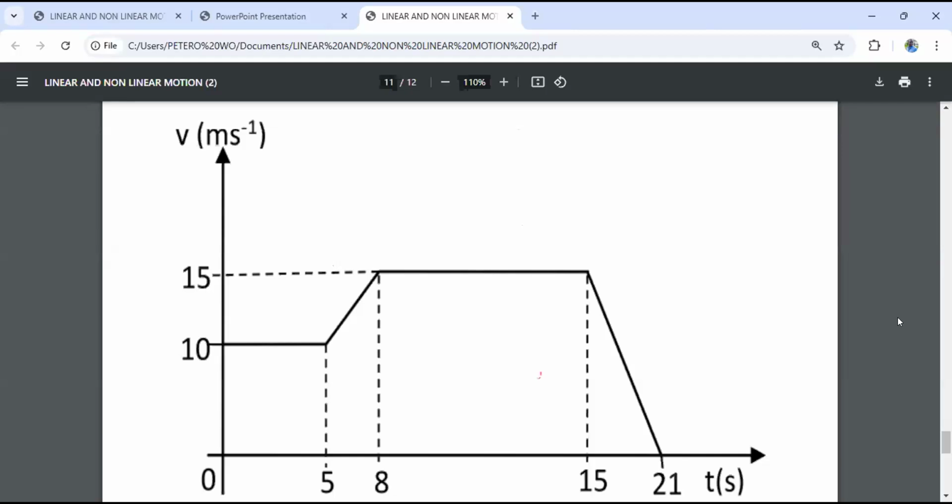In this, we are looking for the total distance under that graph. And then after we'll use it to get the average velocity.